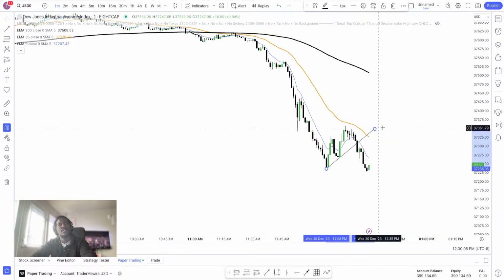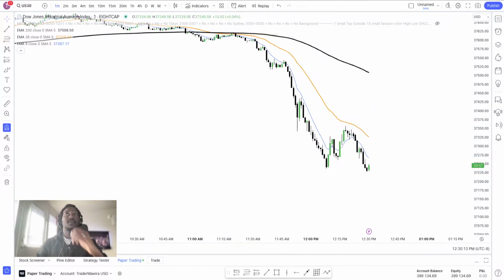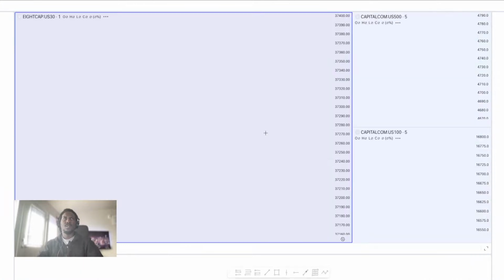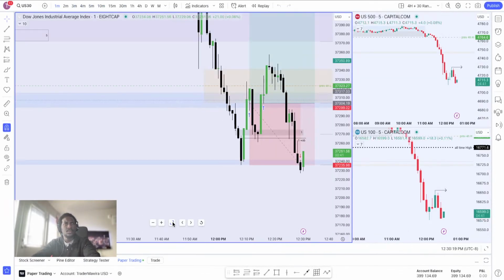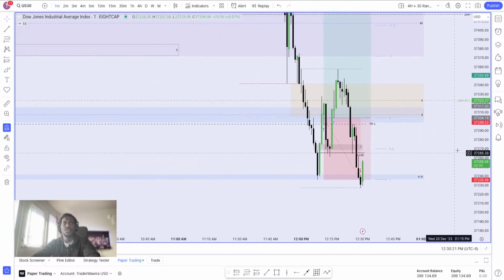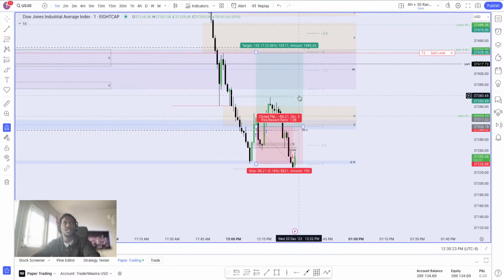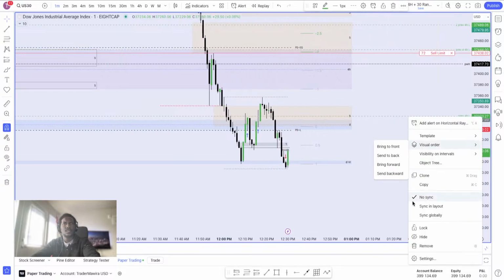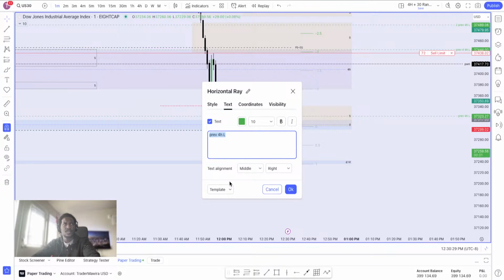Okay, we'll give it one more shot. Let's go back. Let's wait for this range to close. Let's get rid of this and get rid of those executions.